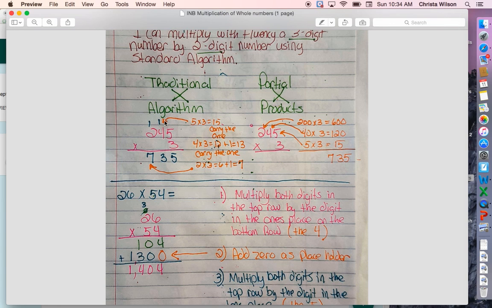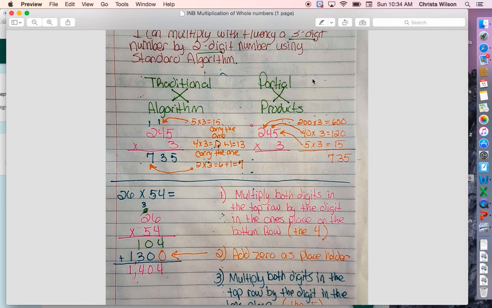Don't forget to add your regrouped 1, and that equals 13. So you'll have to regroup again and put the 1 above the 2, which is in the hundreds place value. And then finally you'll multiply 3 times 2, which is 6, and then you'll add that 7. And over here I've written down each step as well.